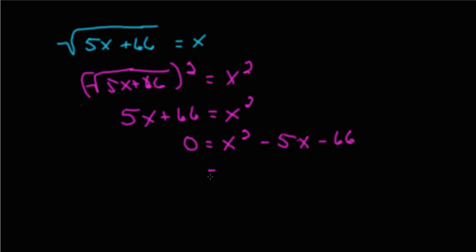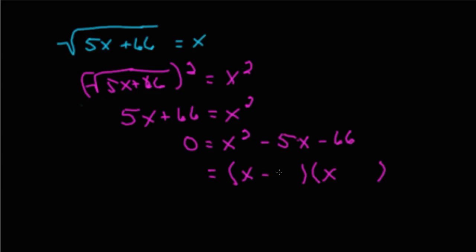Now we could use the quadratic equation, but it's a little bit more work than what really needs to be done right now. But we can factor it as x and x, and then we can ask what are the factors of negative 66 that, when added together, will give us a negative 5.